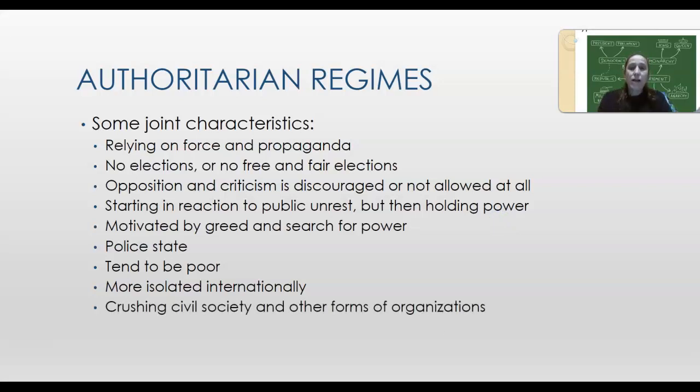And then finally, something that we see a lot of times in authoritarian regimes or under authoritarian governments is the lack of civil society. So even if there's no direct crash of, say, religious institutions, sometimes there is, but even if there isn't, people are afraid to be active and to do things unless there are sanctions by the government.